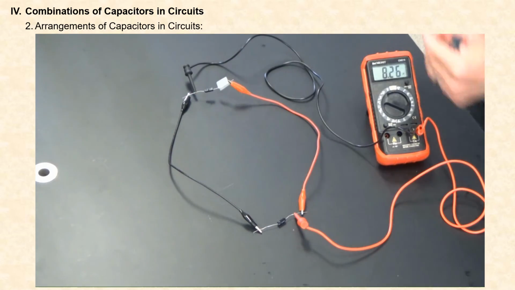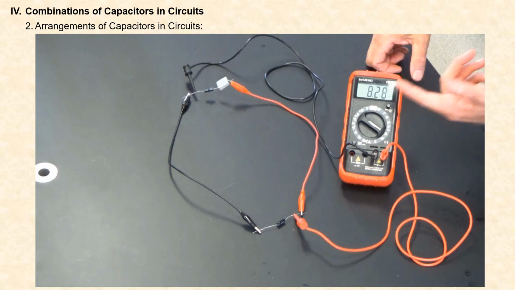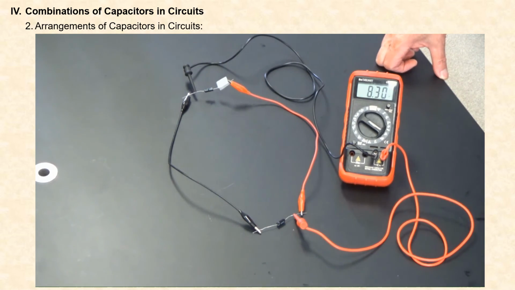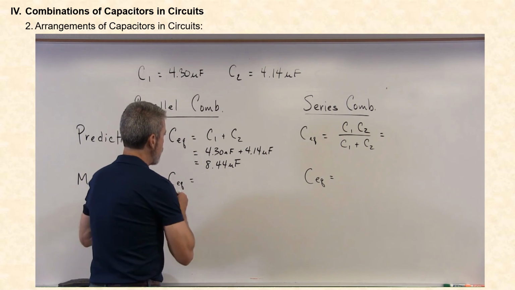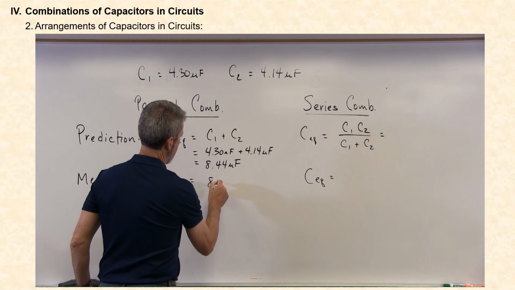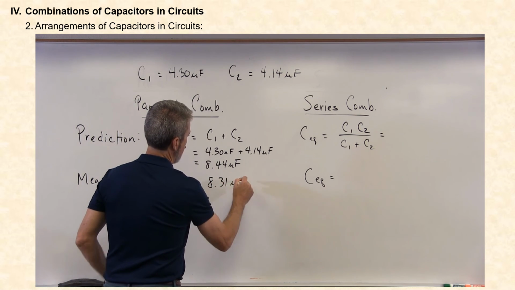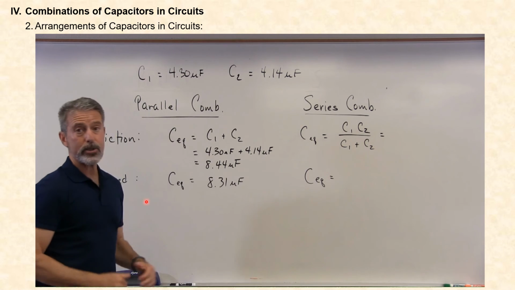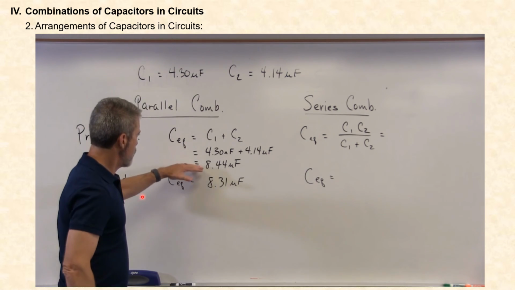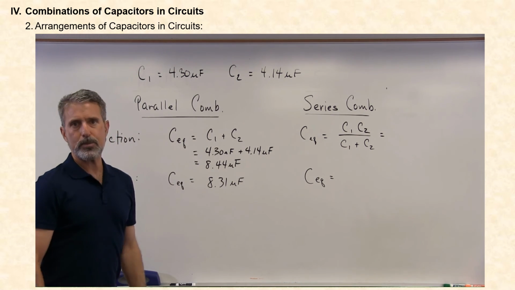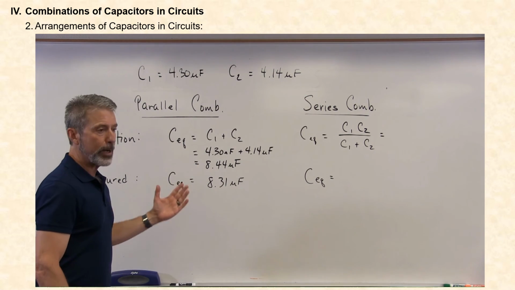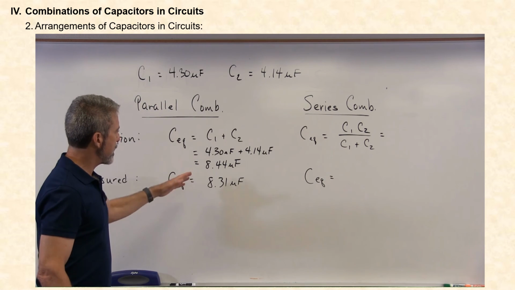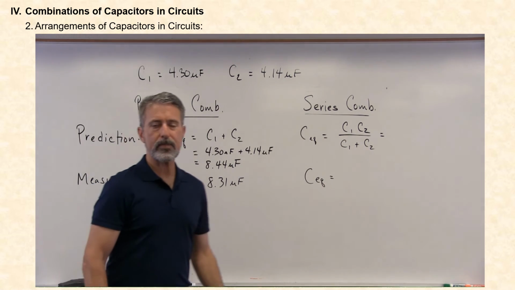So we're making a measurement across the combination, and we see here that we get 8.31 for the measured value of the capacitance of the combination. So there's a slight difference, but that's pretty close. There's certainly some experimental error here, but hopefully you would agree that the theory does work.